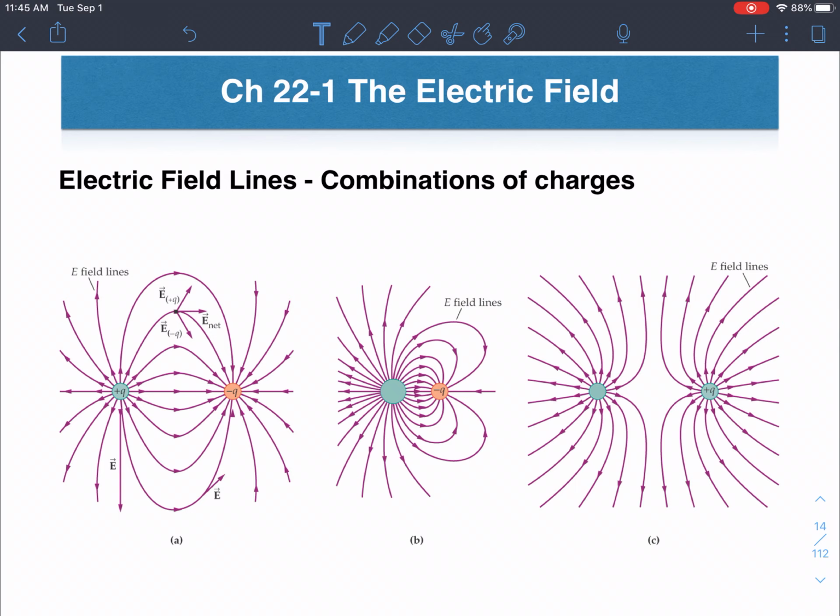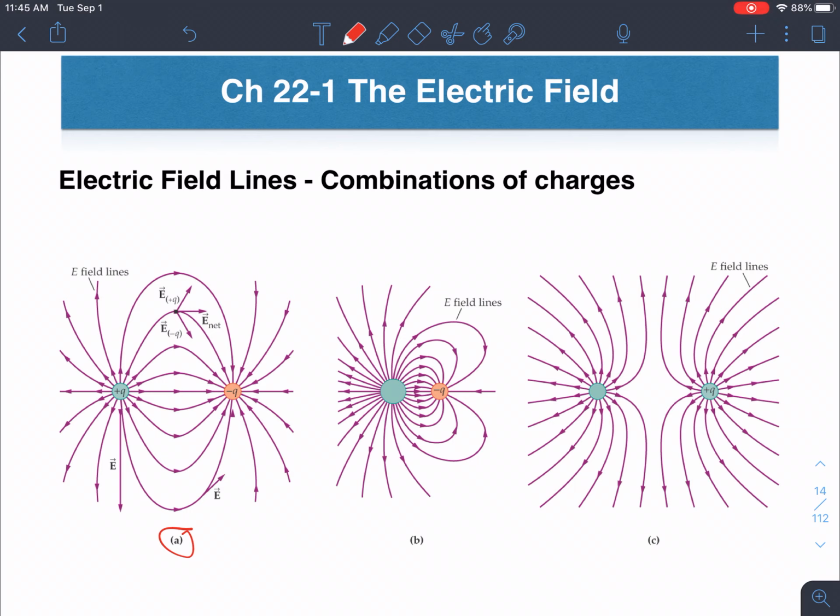So if you look at part A, it does just as we said, right? It originates from positive charge, positive Q on the left side, and it's radially outward, and then it terminates in the negative Q. And you can see the arrow directions, those are the directions of the electric field.